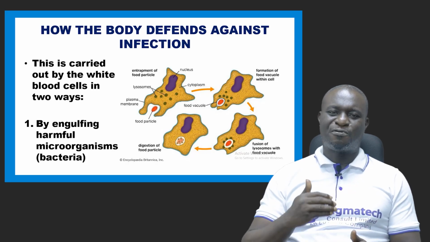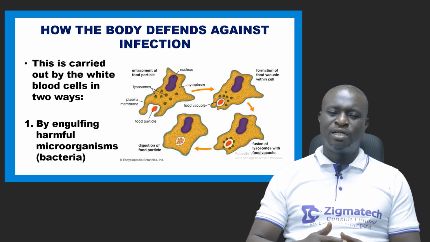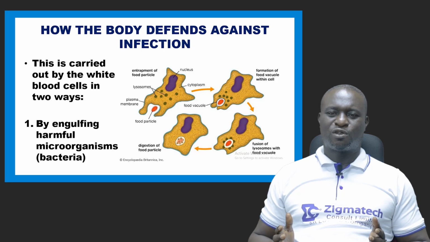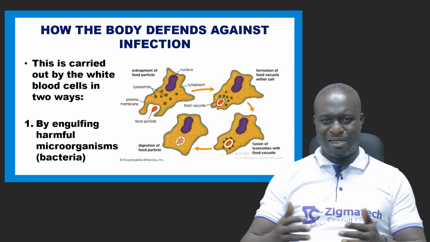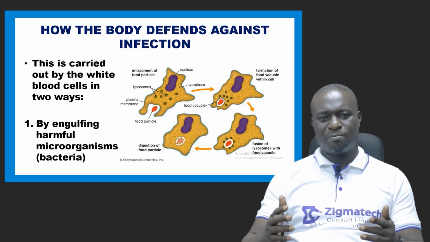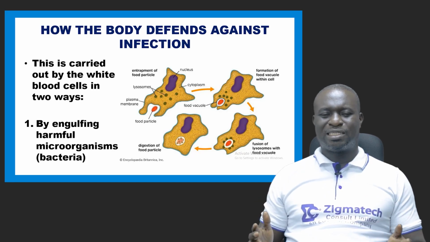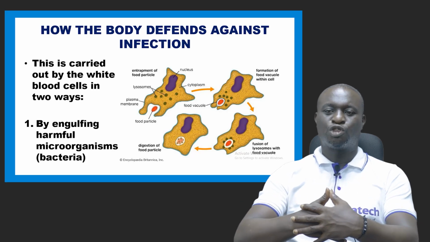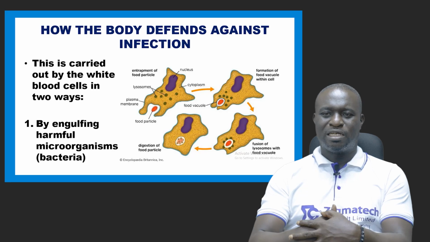Now, if you check the feeding nature of the amoeba, you will discover that the feeding process of the amoeba is called engulfing. When the amoeba comes across a food particle, it releases its pseudopodia around it as if it wants to embrace it, as you can see on the screen.